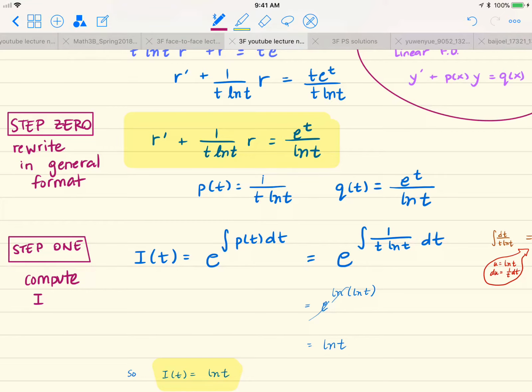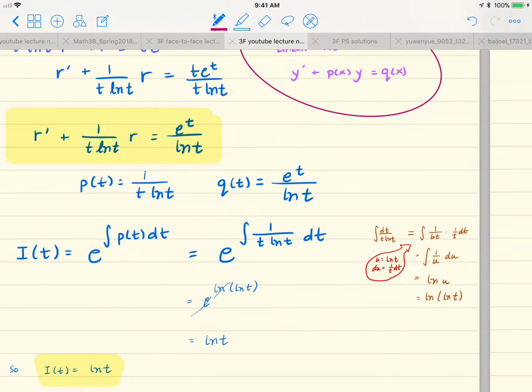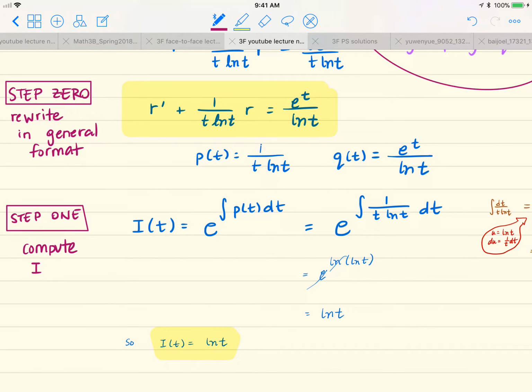The formula is I equals e to the integral of p. Once you've put the equation in the general form from step 0, you can tell p and q. So you integrate p, and that's your exponent for e, and that's how you get your integrating factor.